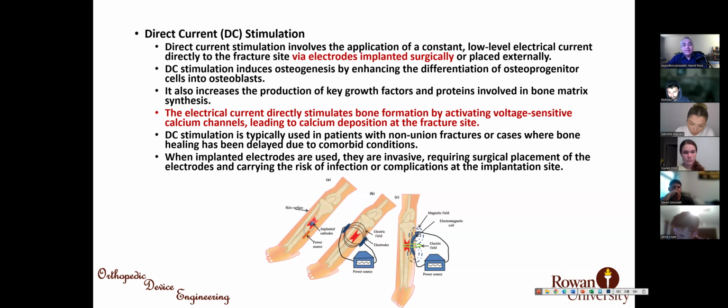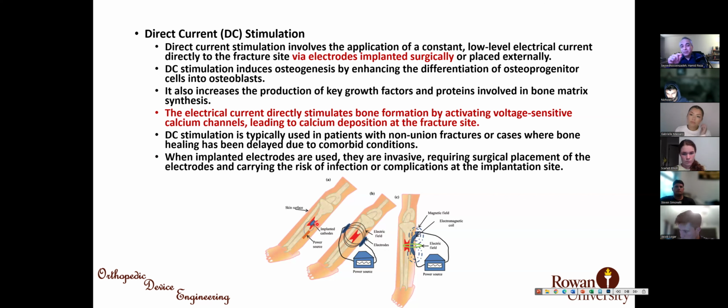Electrical current is applied to the fracture site, and it stimulates calcium channels in the osteoblasts. These calcium channels are voltage gated; they open and close based on the voltage applied to them.